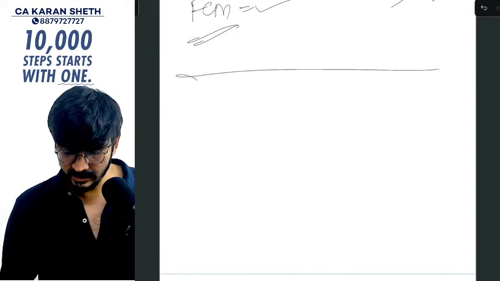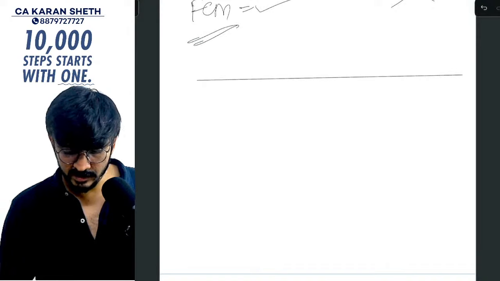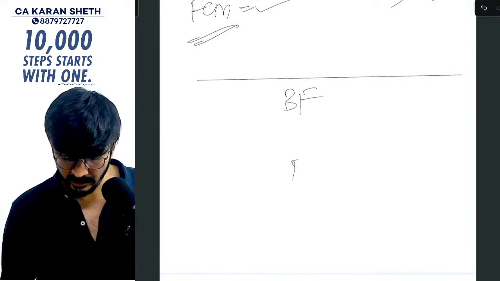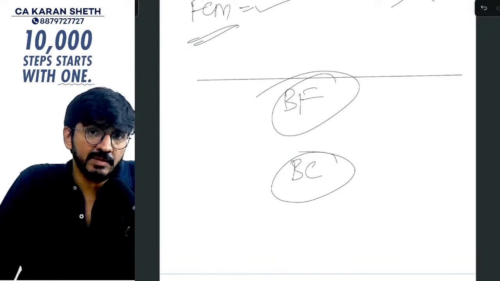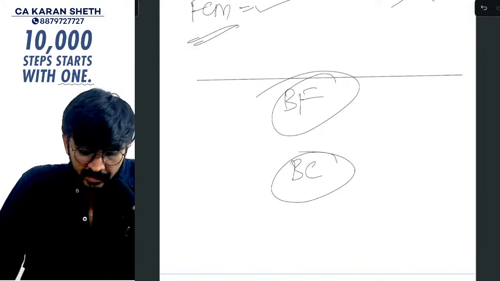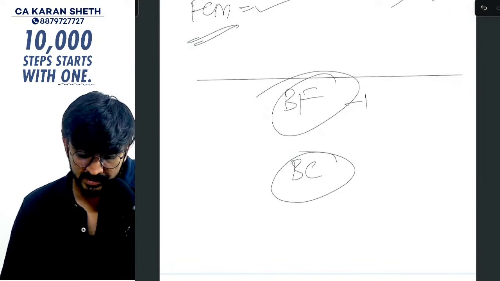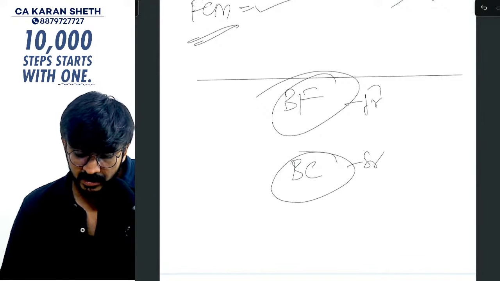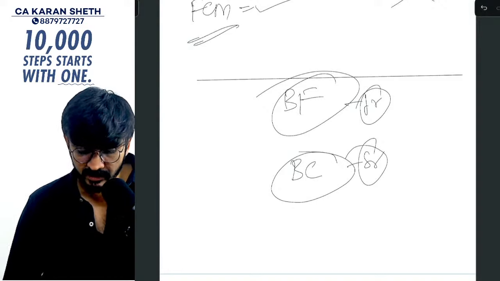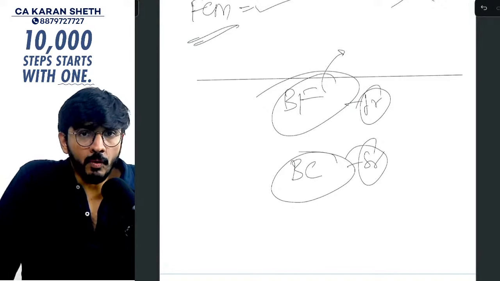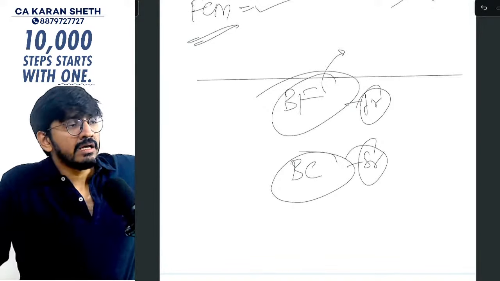Next, my dear friends, is with respect to BF and BC. BF is business facilitator, BC is business correspondent. The way you remember here is, this is a junior, this is a senior. Why junior, senior? Because this person is recruited only to spread awareness.